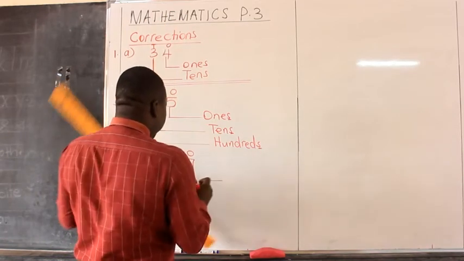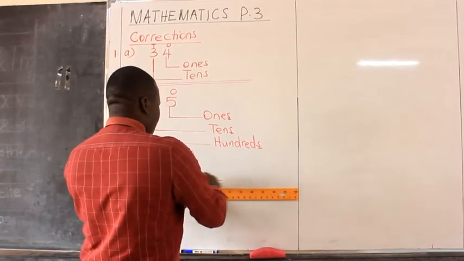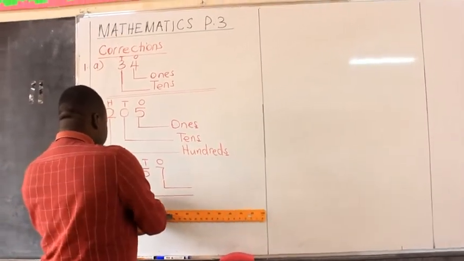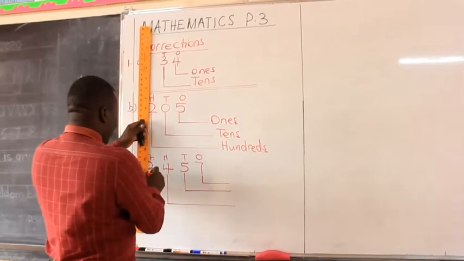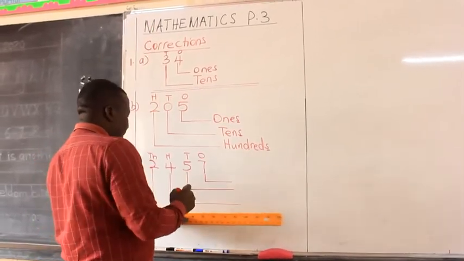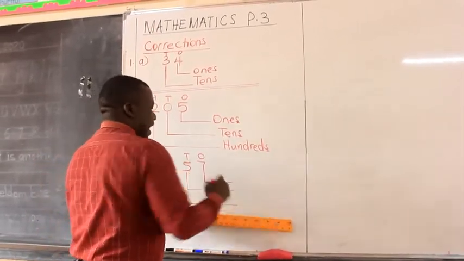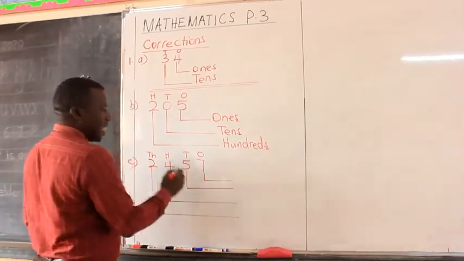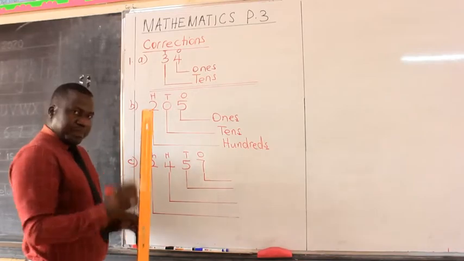And you know place value means the name under which that digit is placed.